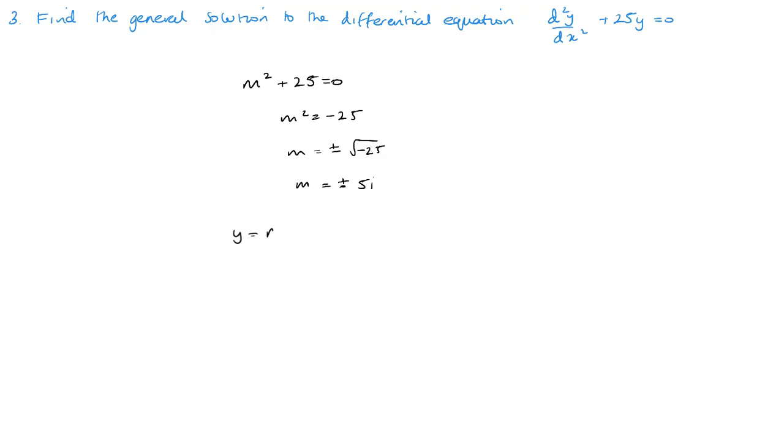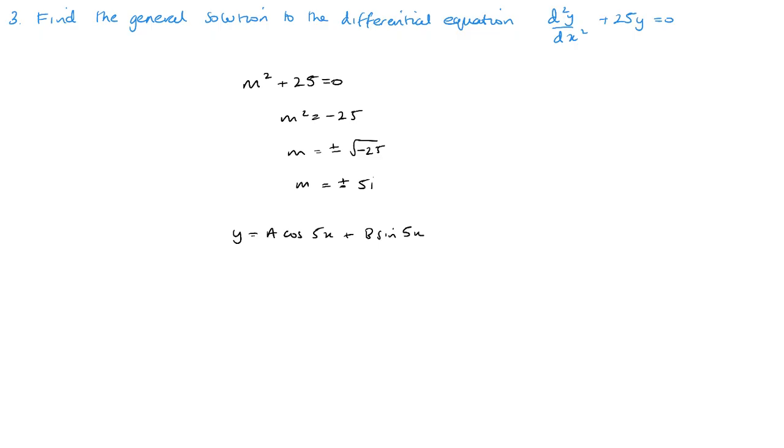So it's y equals a cos 5x plus b sine 5x. And again, it doesn't matter if you've written a sine 5x plus b cos 5x. Okay, it's the same thing. You've just swapped your a's and b's around, but they're just constants anyway.